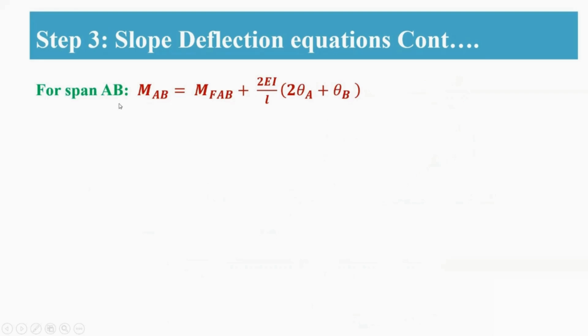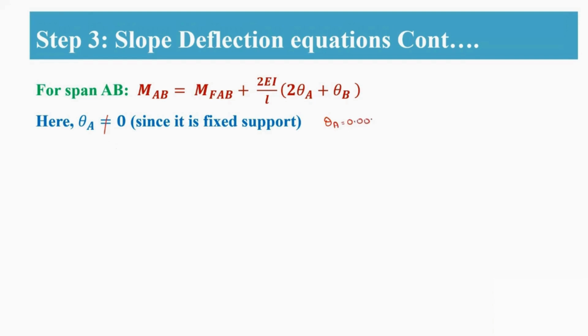Now coming to your AB span. Here theta A is not equal to 0, even though it is fixed. Theta A is given as 0.002 radian, so it has been rotated.